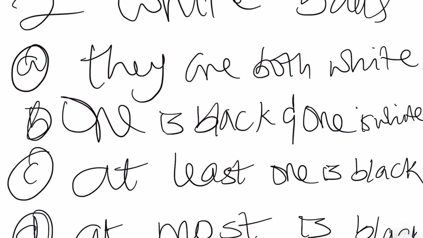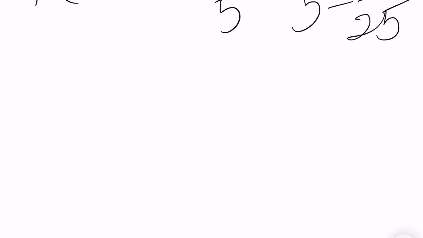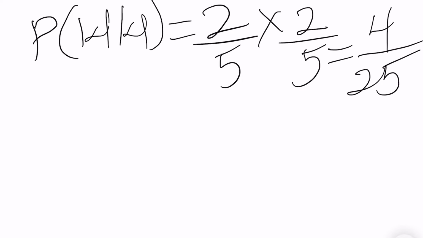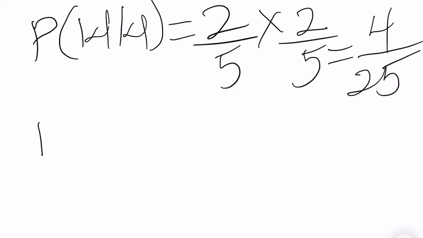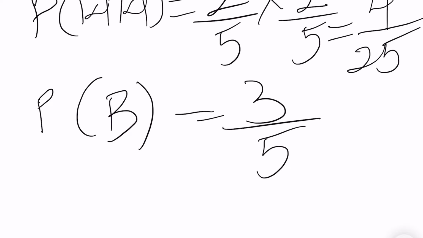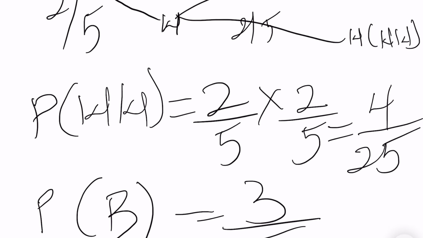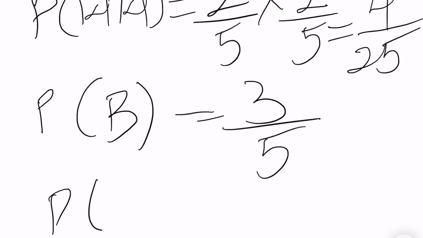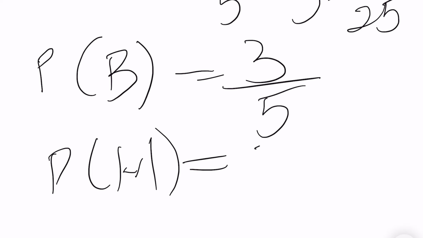Now, the probability that one is black and one is white. The probability that one is black is 3/5, and the probability that one is white is 2/5.